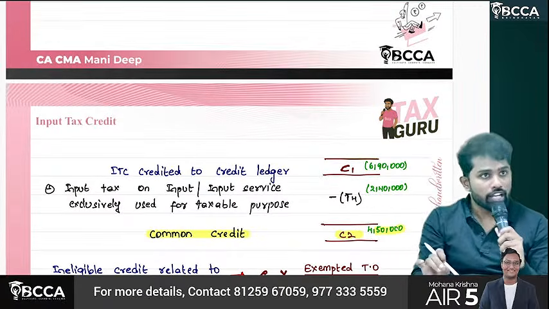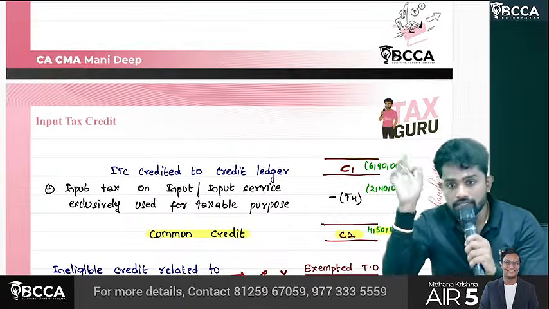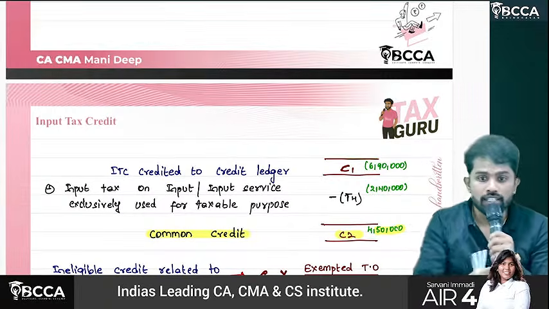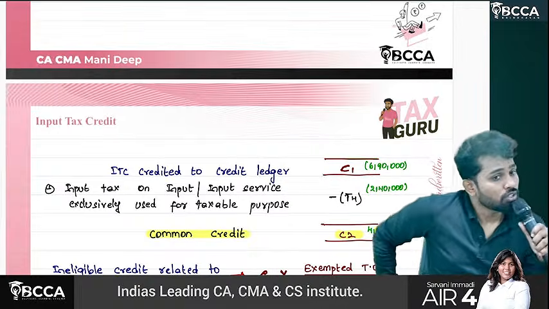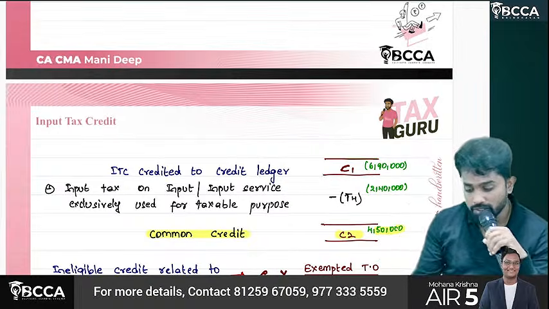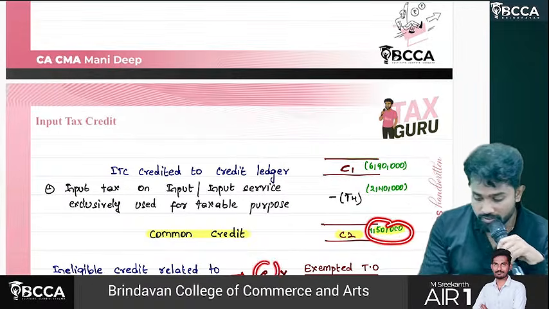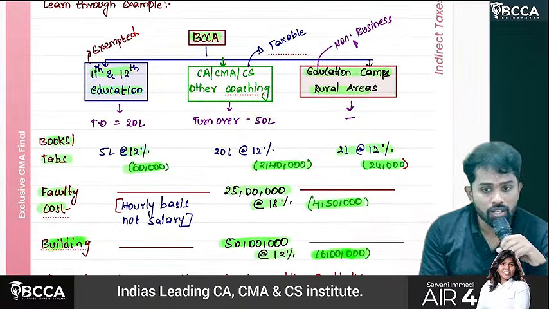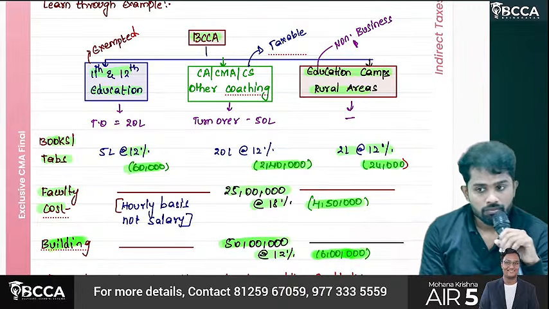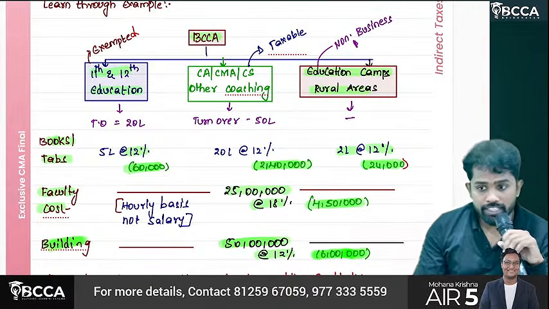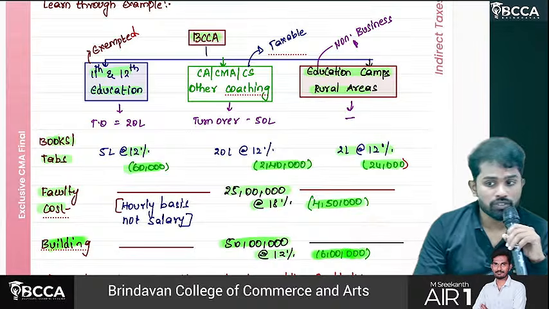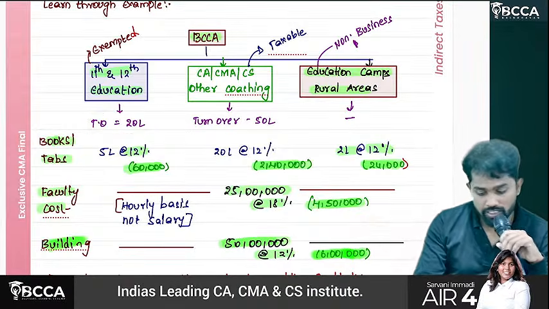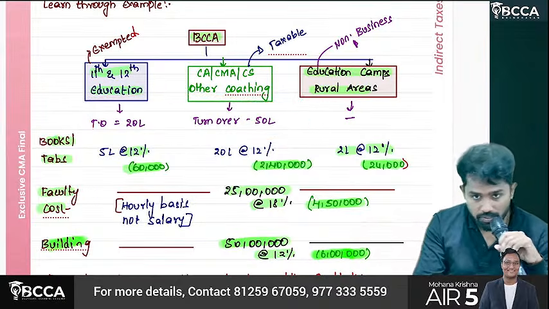Now, out of this 4,50,000, a part is ineligible: non-business related and exempted related. First, how much is related to exempted? Take this 4,50,000 into exempted turnover divided by total turnover. 20 lakhs is the exempted turnover, whereas total turnover is 70 lakhs.